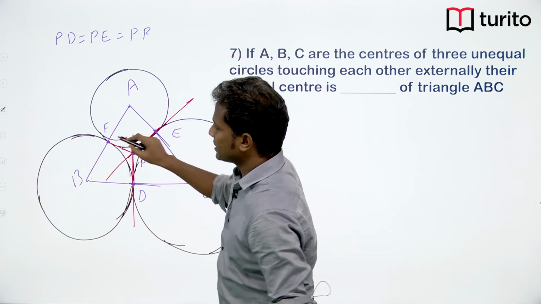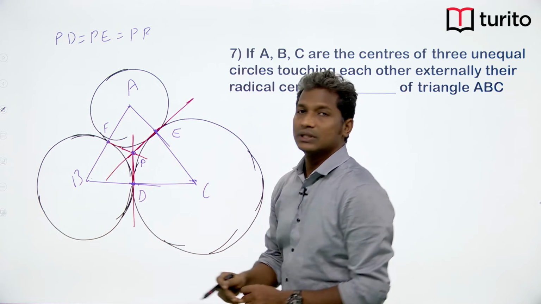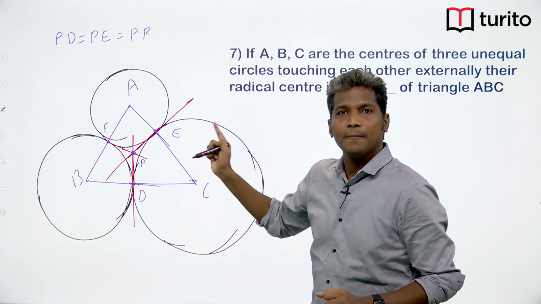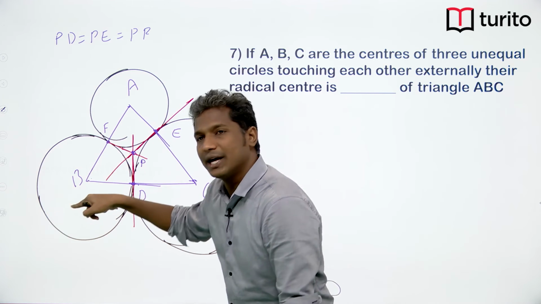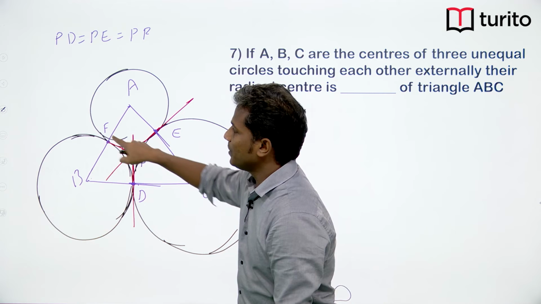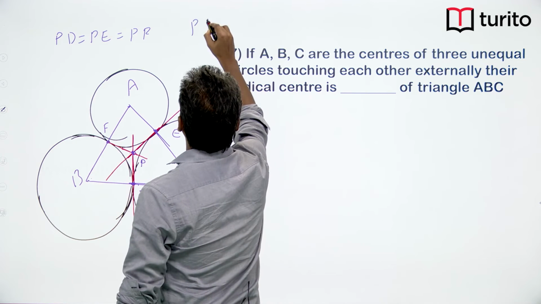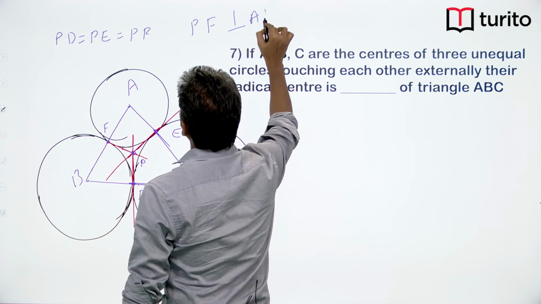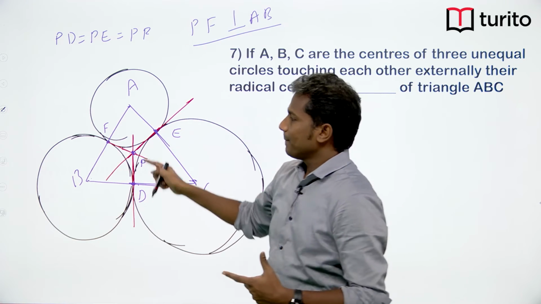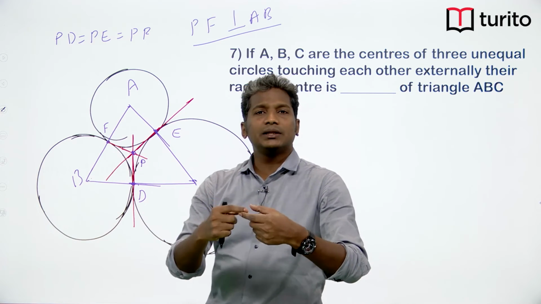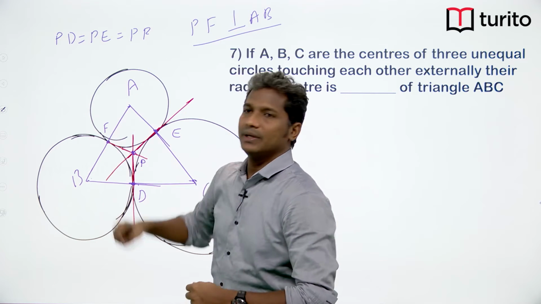and these points D, E, F are lying on the sides of the triangle ABC, and also the radical axis is perpendicular to the line joining centers. So, PF is perpendicular to AB. That means in a way we can say that PF is the perpendicular dropped from point P to the side AB.